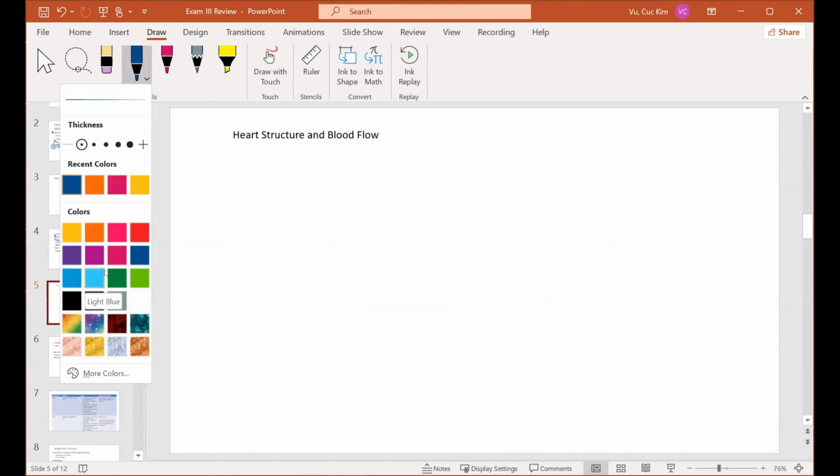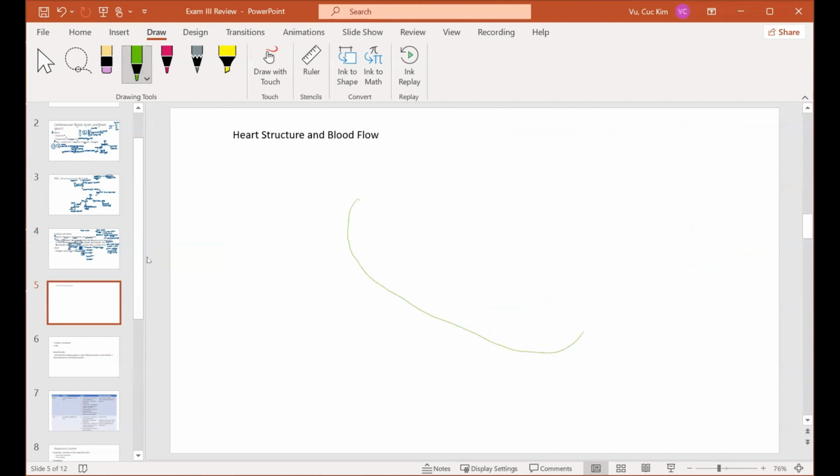What color should I make my heart? Let's do green. I want a green heart today. Just draw and label.